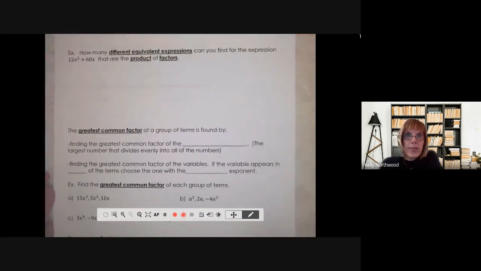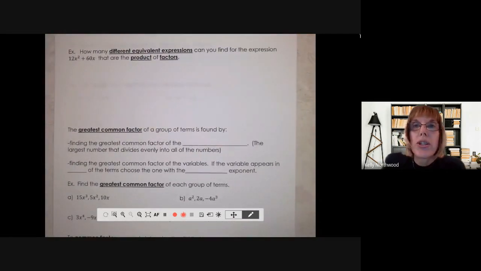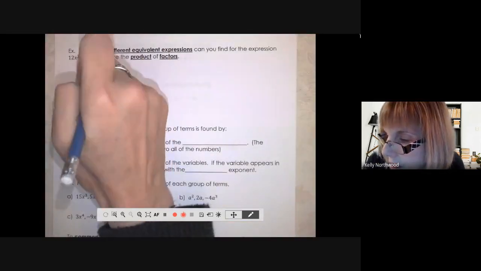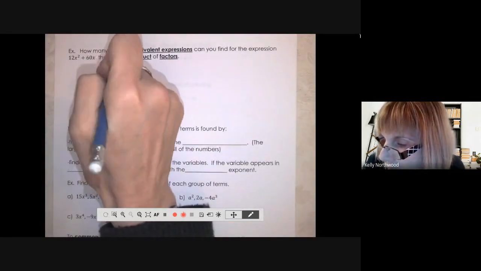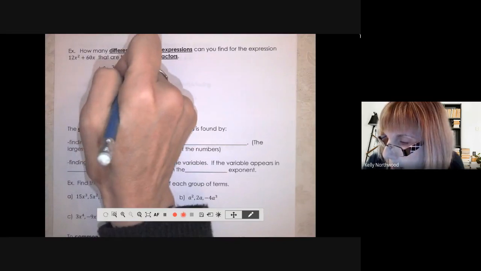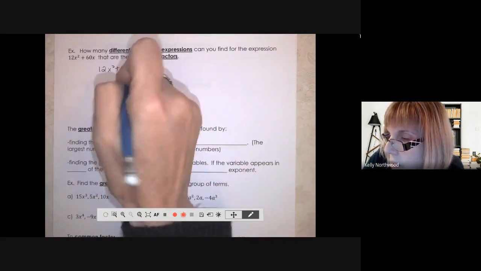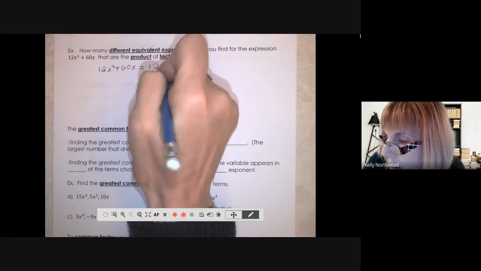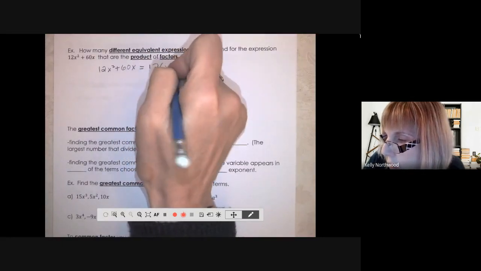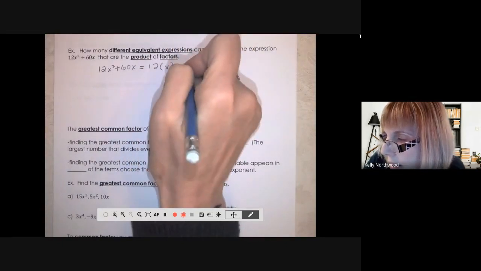So how many different equivalent expressions could you find for the expression 12x squared plus 60x that are the product of factors? So I'm going to start us off so that you kind of get what I mean here. So I could write this as, if I know 12 goes into 60, 12 times x squared plus 5x.